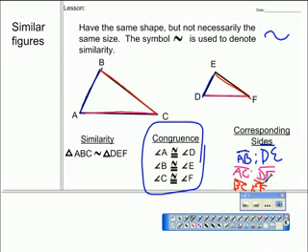And if they were truly similar triangles, I could set up all three of these as fractions. And when I reduce that fraction or divide it and turn it into a decimal, I should get the same number each time.